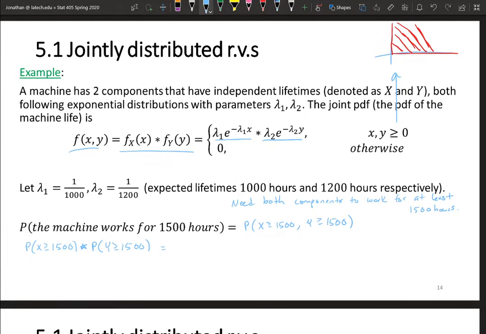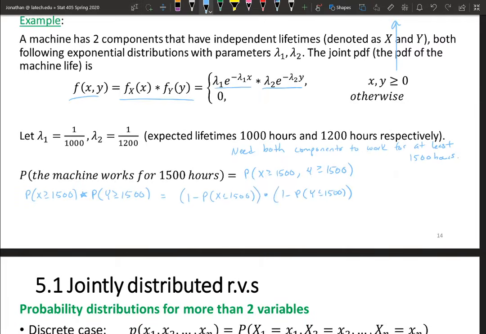So that will be 1 minus the probability that x is less than or equal to 1,500 times 1 minus the probability that y is less than or equal to 1,500, just using the complement rule for each one. And then that's equal to 1 minus F of 1,500 for exponential, we'll call it f sub x, and then 1 minus f sub y of 1,500.